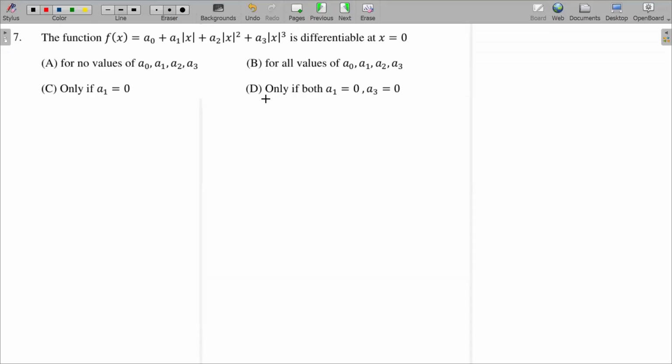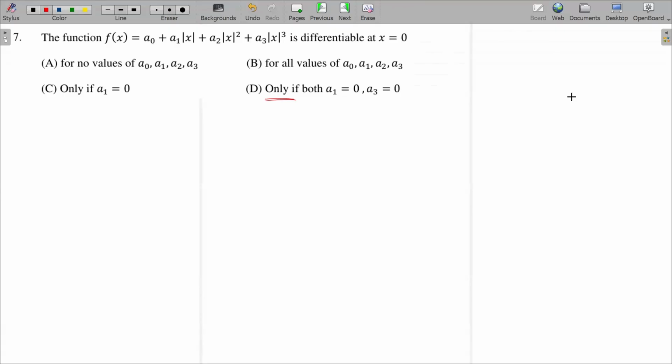Because we are saying only if. So is it like if A3 is non-zero, the function won't be differentiable? That also we have to take care. Yeah, you got my point.